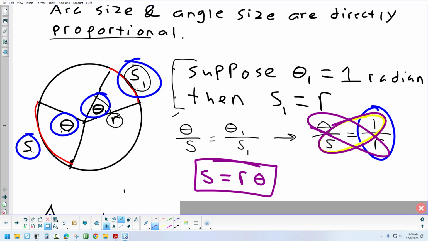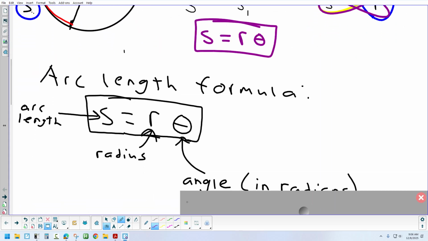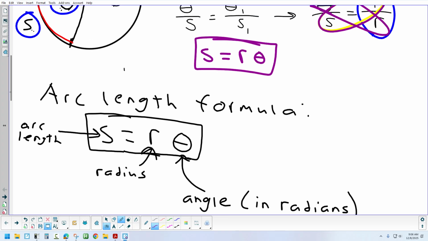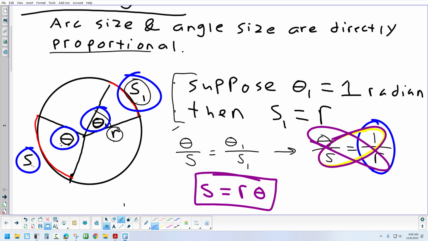That's one thing that controls the size of the arc, and how big of an angle you have. So that's the arc length formula. S is the length of the arc, R is the radius, and the angle we assumed way back at the beginning of the problem was in radians. So you need to make sure you use radians in this formula.